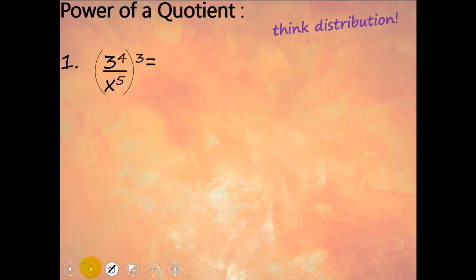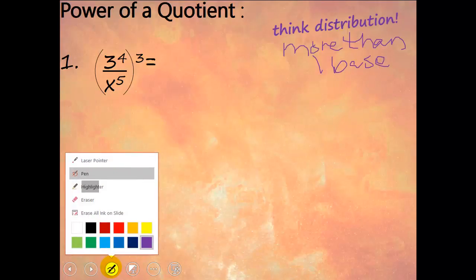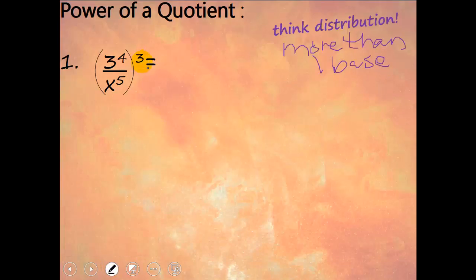The next application of this power to a power is called power of a quotient, and it follows the same pattern as the previous one that we did. We have more than one base, and the exponent of every base gets that outer exponent applied to it. So this 3 gets multiplied by the exponent 4, and it gets multiplied to the exponent 5.